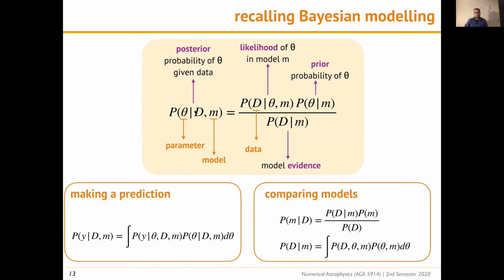Let's define what these capital P's are in this sense. They are all probabilities, right? But they are different probabilities. So the one on the left-hand side is called the posterior probability of theta given the data and the model.